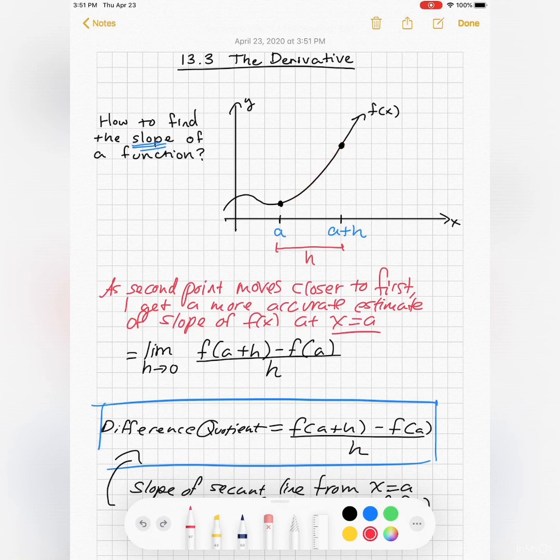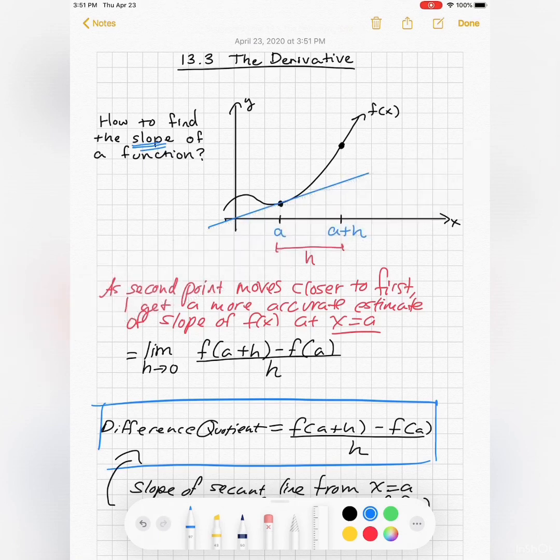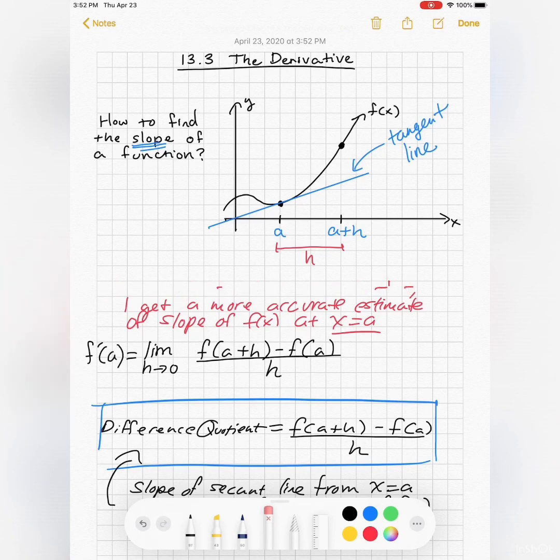Okay, so now what I've actually found is the slope of this line through just the point a. Okay, so that line also has a special name. That one's called the tangent line. Okay, so this guy is actually a very important formula. This guy is the definition of the derivative.